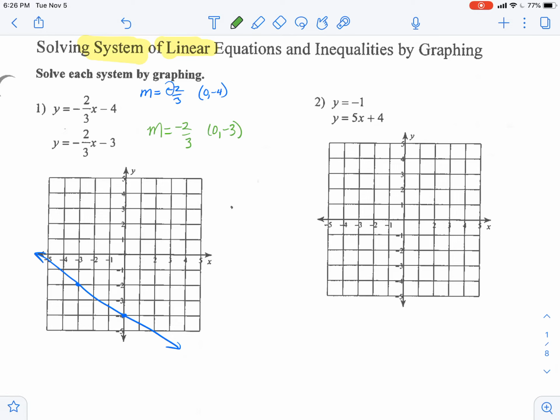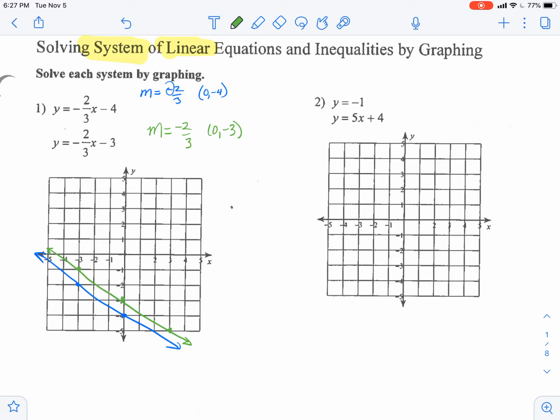So let's go ahead and graph. (0, -3), slope of -2/3. So I can go down 2, right 3. I could also go up 2 and left 3. Okay, and draw my line.